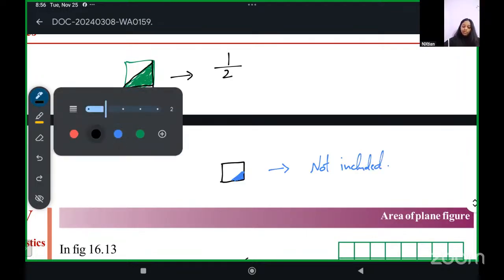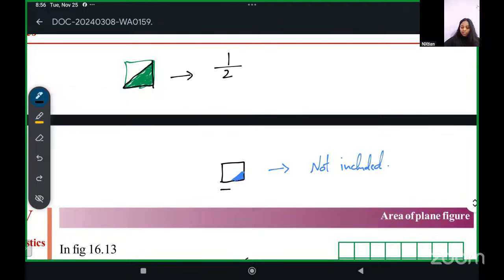If another square is shaded more than half, you can see that it is shaded more than half.